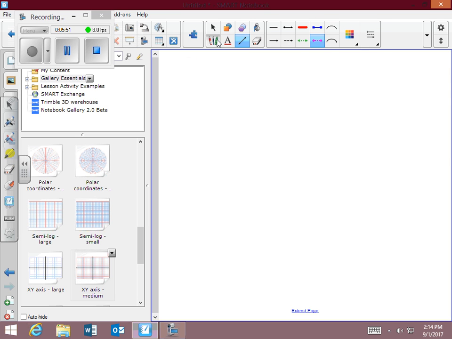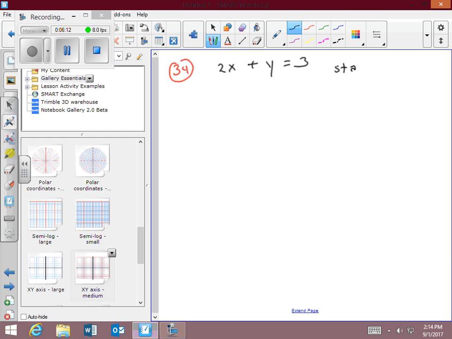34. It says 2x plus y equals 3. Now this is not in slope-intercept form. This is what we call standard form. Standard form is always ax plus by equals c.